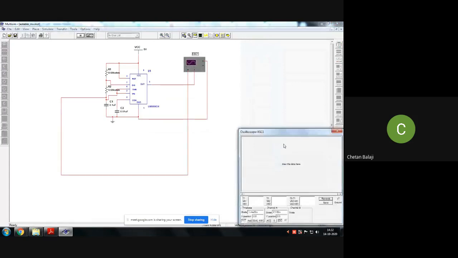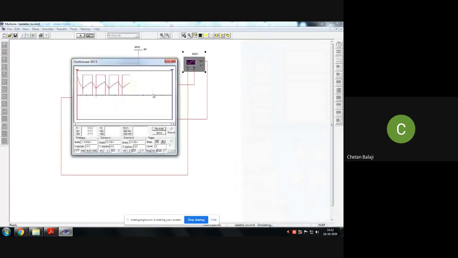See how well it came, same as expected. I am measuring my T on here. T on is 978 microsecond, which is about 0.9 millisecond.